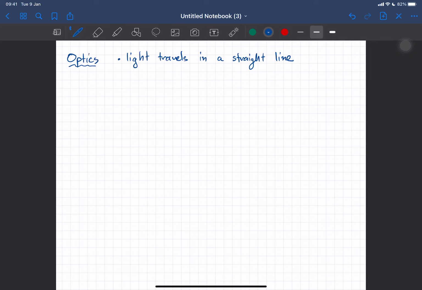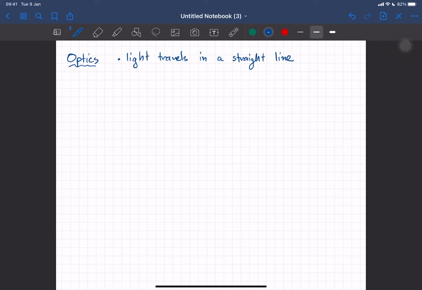In reality, this is not 100% true because it can have some diffraction, something like that, but we will ignore that part. So we just say that light goes straight. And that's pretty much the only assumption that we're gonna make.